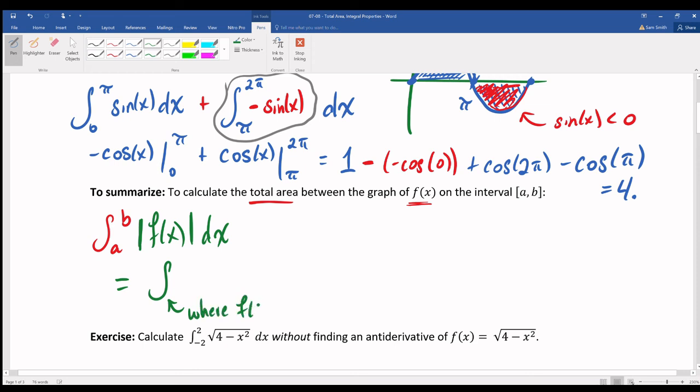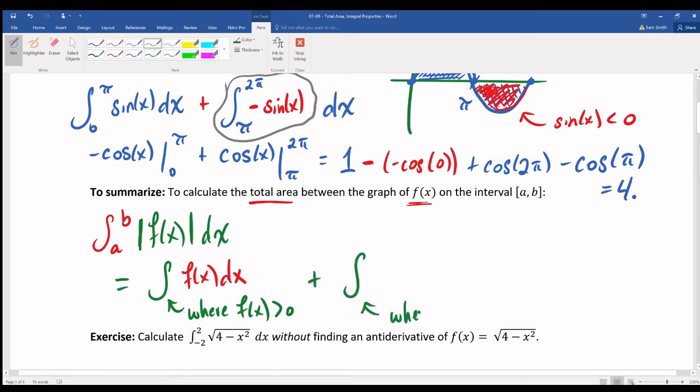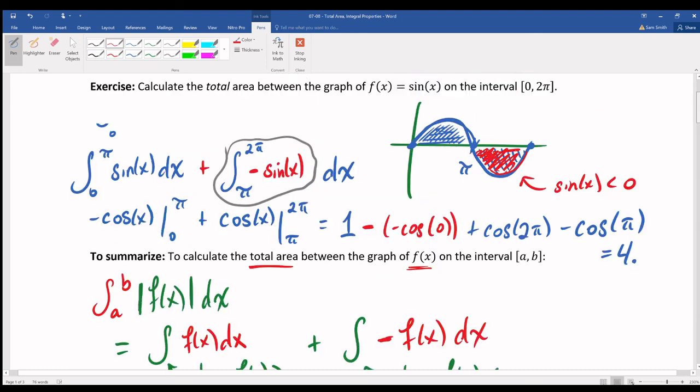Taking an integral over the region where f of x is positive of the original function, and then taking the definite integral over the region where f of x is negative of the flipped function, change it from negative to positive by putting in a secondary minus sign.